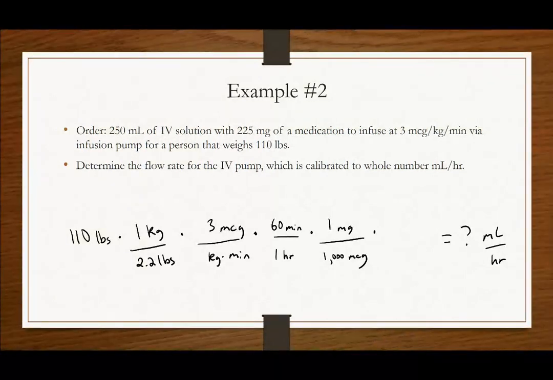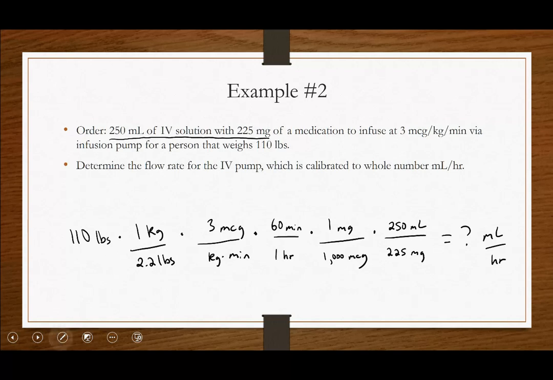The last component, as I said, is the stock, which we're given here at the top. So for every 250 milliliters of solution, we have 225 milligrams of medication. The appropriate ratio here is going to be to put milliliters in the numerator and our milligrams in the denominator.